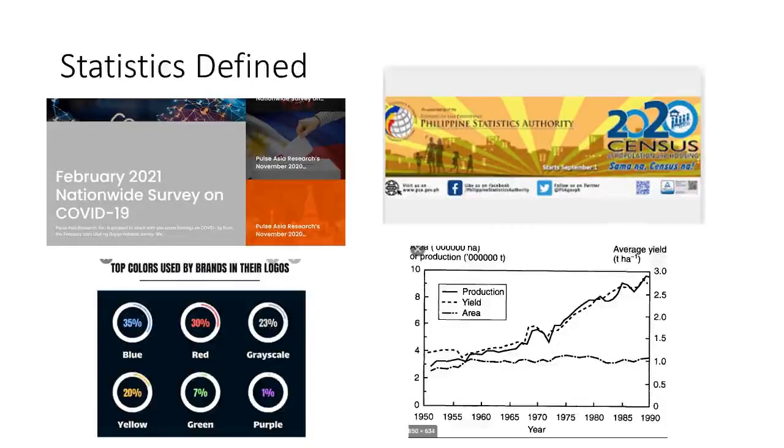And lastly, year-on-year production of rice and yield per hectare. It's tons per hectare, and the area from 1950 to 1990.